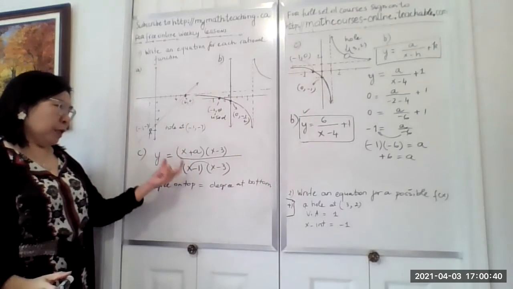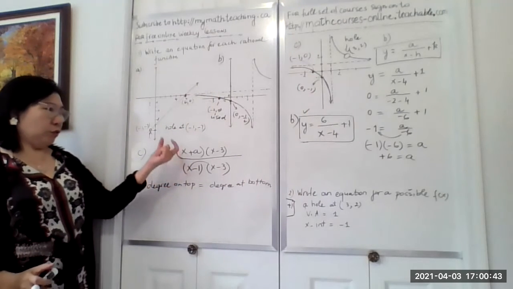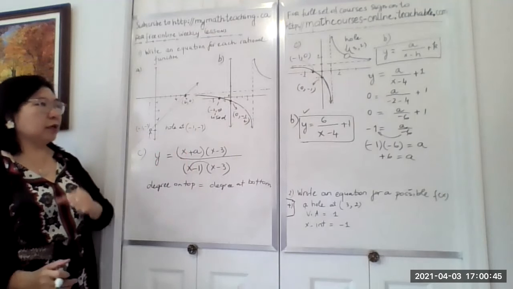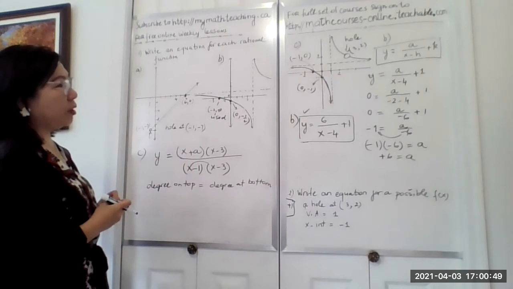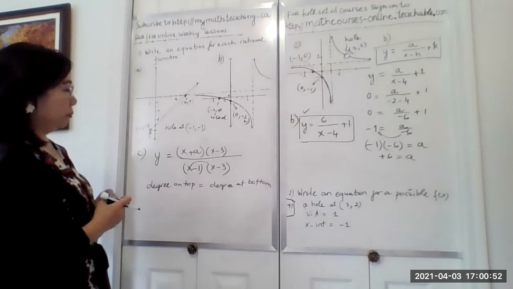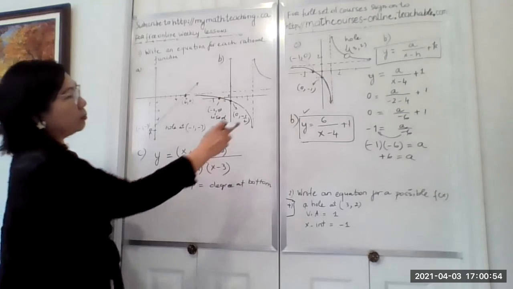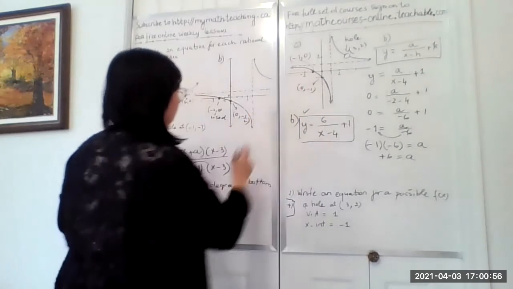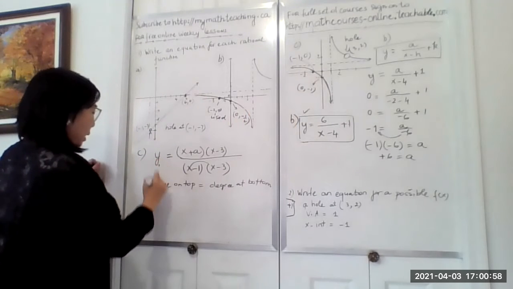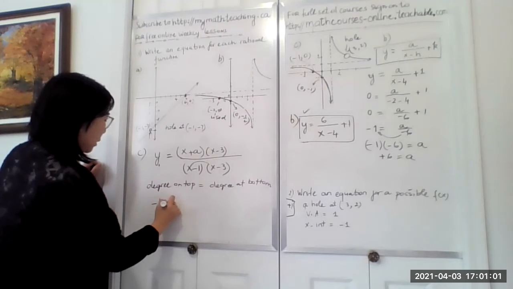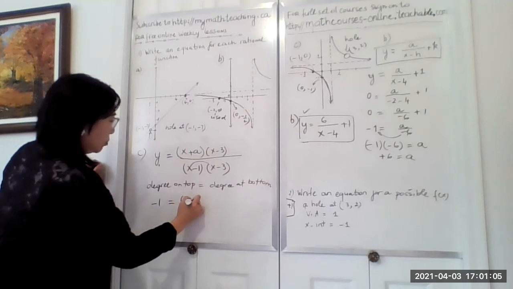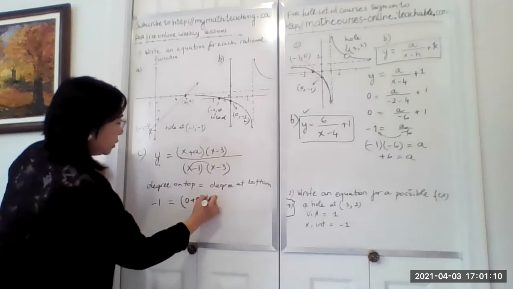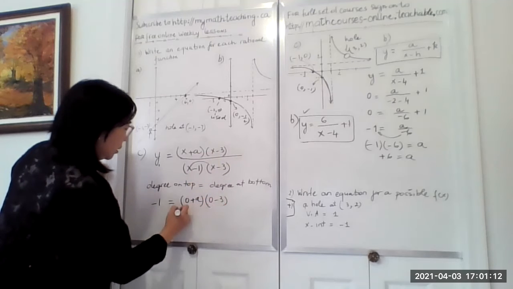So this is our established equation based on everything we know. Now we're going to pick a point on the graph to solve for A. I'm going to pick the y-intercept, to make it easy. Because I know y, I'm going to substitute y by minus 1, and I'm going to substitute x by 0, because that's what the y-intercept looks like. And x is 0, minus 3.